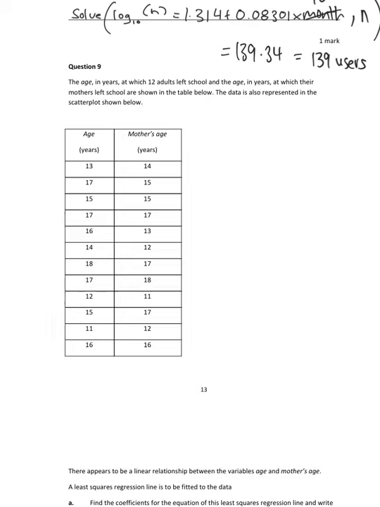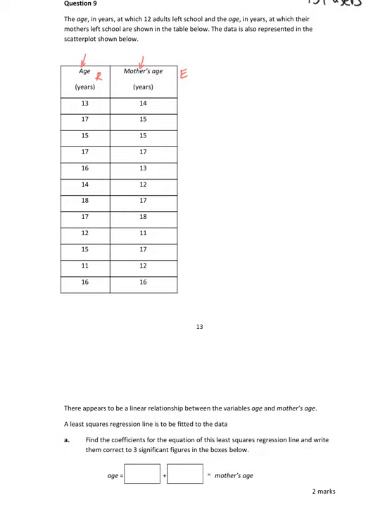Looking at that, this is the age that the student left school, and this is the age that the mother left school. I'd presume that the mother's age would be the explanatory variable. Depending on what age the mother left school, in response, they'll be looking at what age the student left school to see if there's a correlation there.